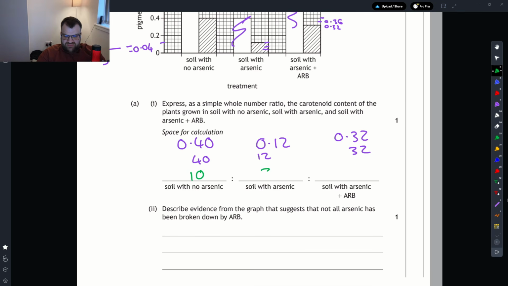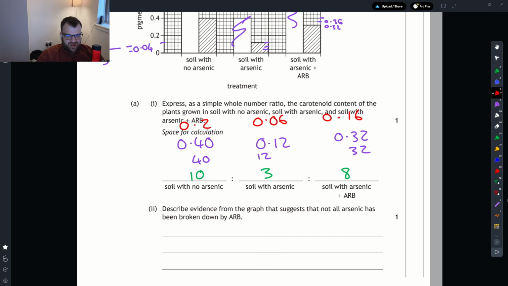So 10, 3, 8 for that one. You've got your calculator, so you can try out different numbers that can divide into each of them. One thing we could have done is divided them all by 2 first of all. So 0.2, 0.06, and so on. There are different ways of getting it.